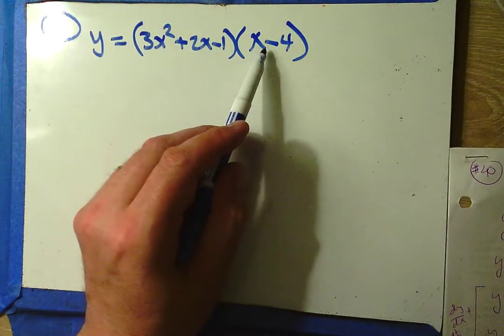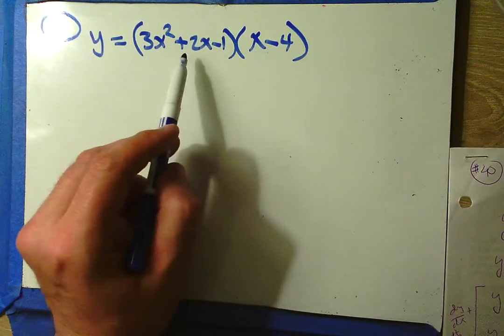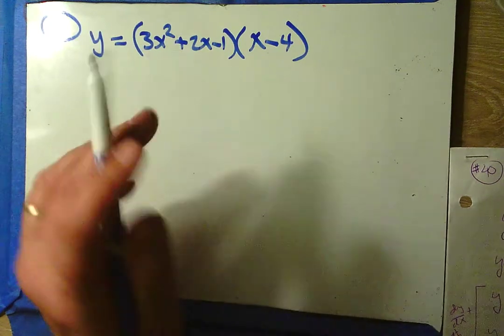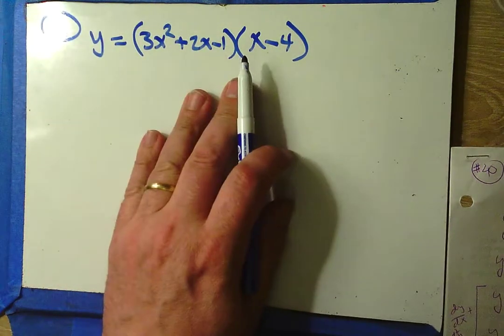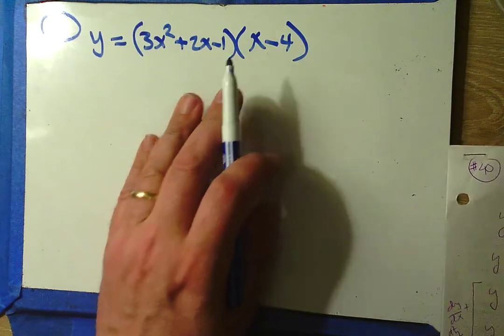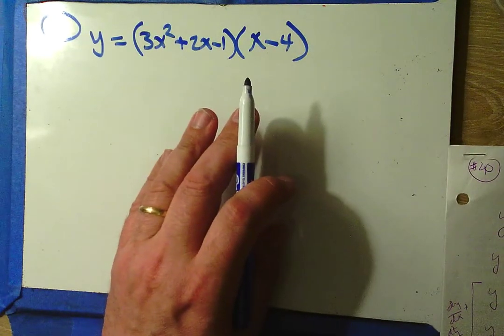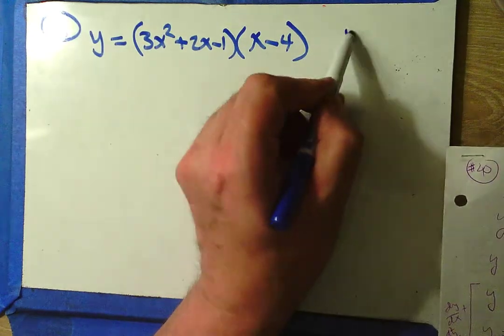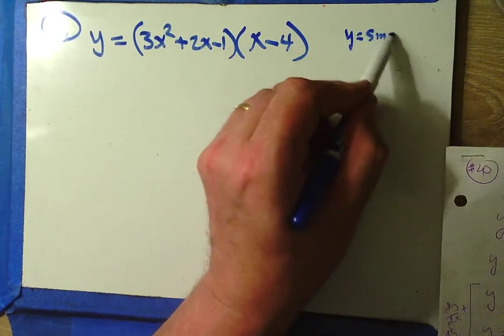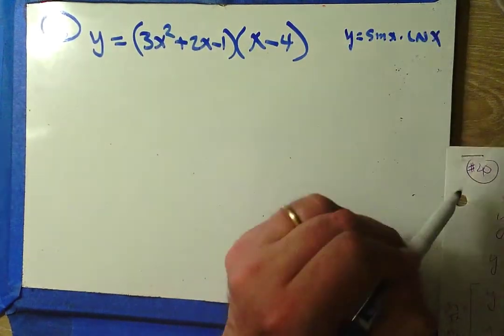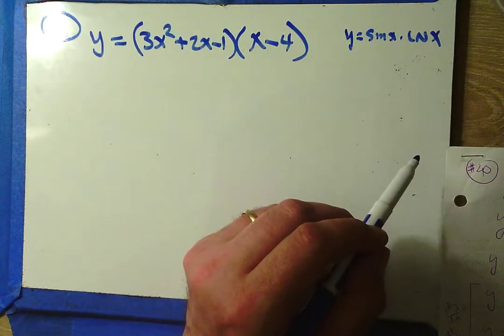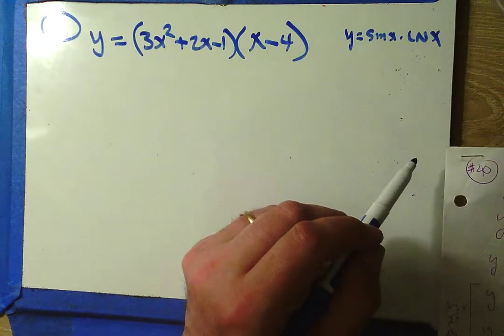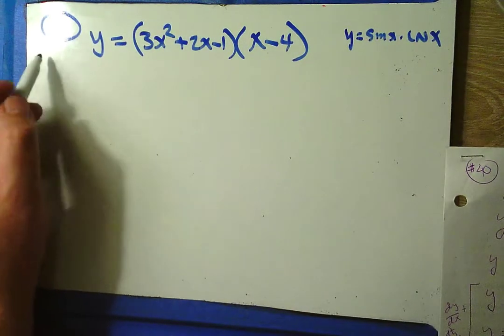Now, I understand you could FOIL this out, combine like terms, and then take the derivative, and that's certainly a way to do the problem. However, we definitely need to be practicing the product rule. You're going to have lots of functions like y equals sine x times ln of x, where you're not going to be able to do any FOILing here and take the derivative. So, let's take the derivative by using the product rule.